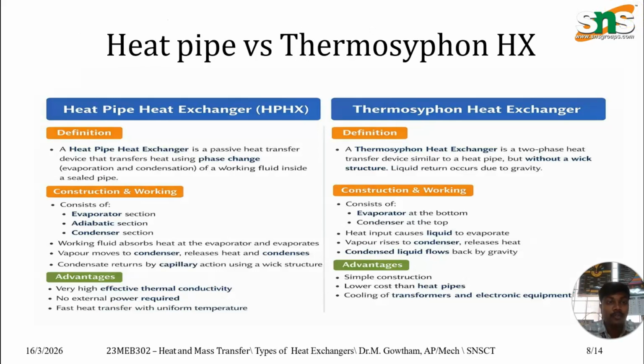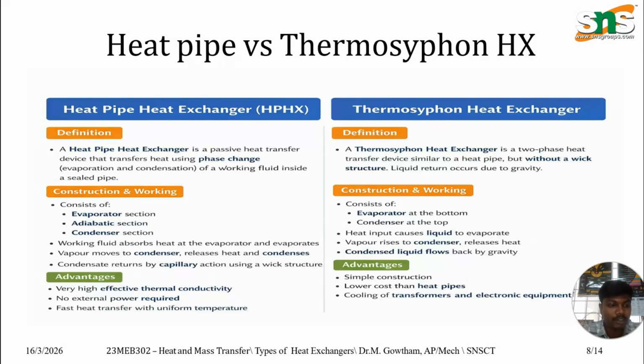So here is the difference between a heat pipe and a thermosiphon. A heat pipe is a passive heat transfer device that transfers heat using phase changes like evaporation and condensation. We know about the condenser, what is meant by evaporation and what is meant by condenser, as in the previous class, with a working fluid inside a sealed pipe.